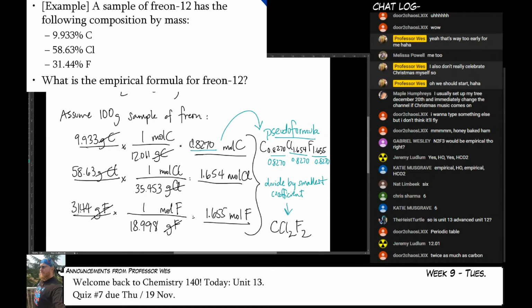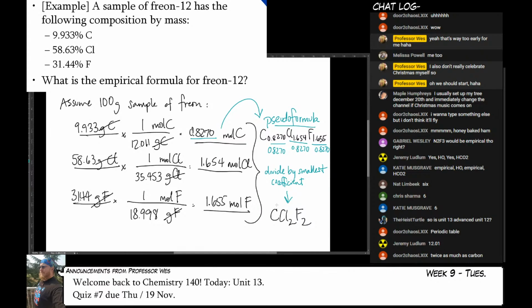When you do this process, the result that you get at the end is an empirical formula. So that was our 3-step process here.